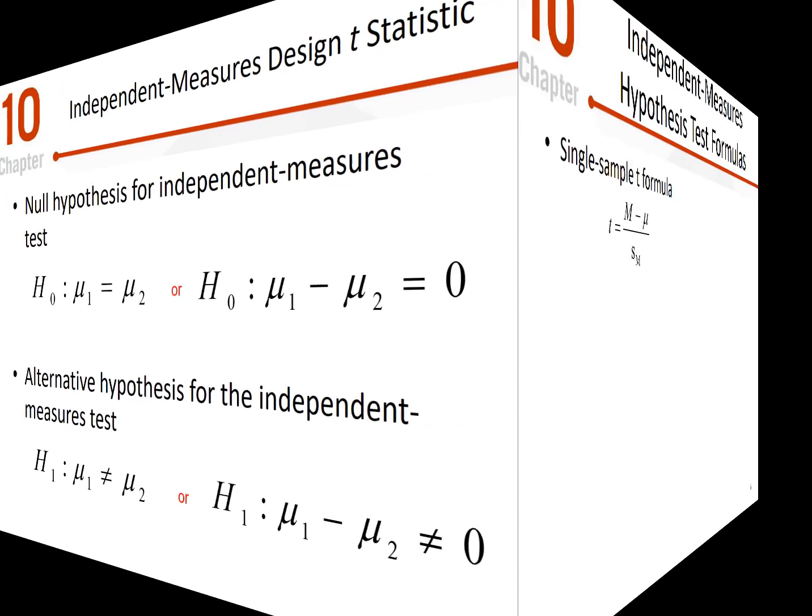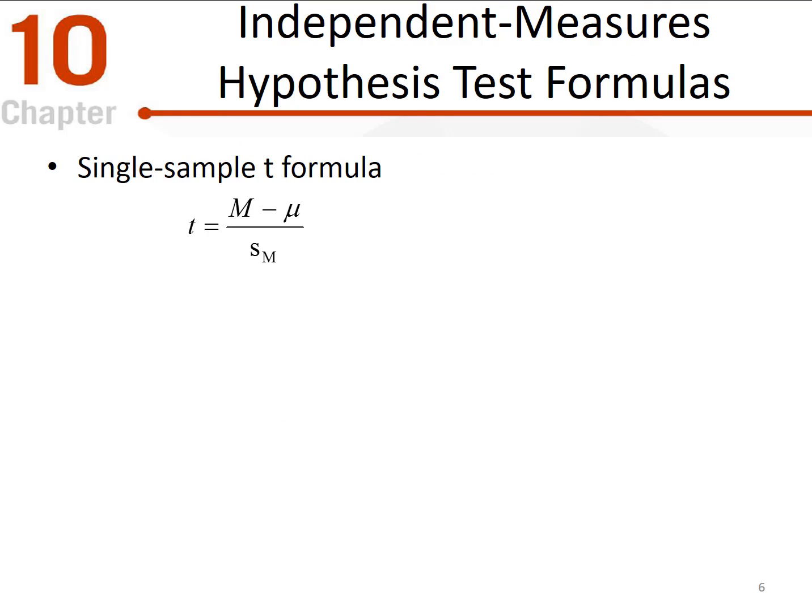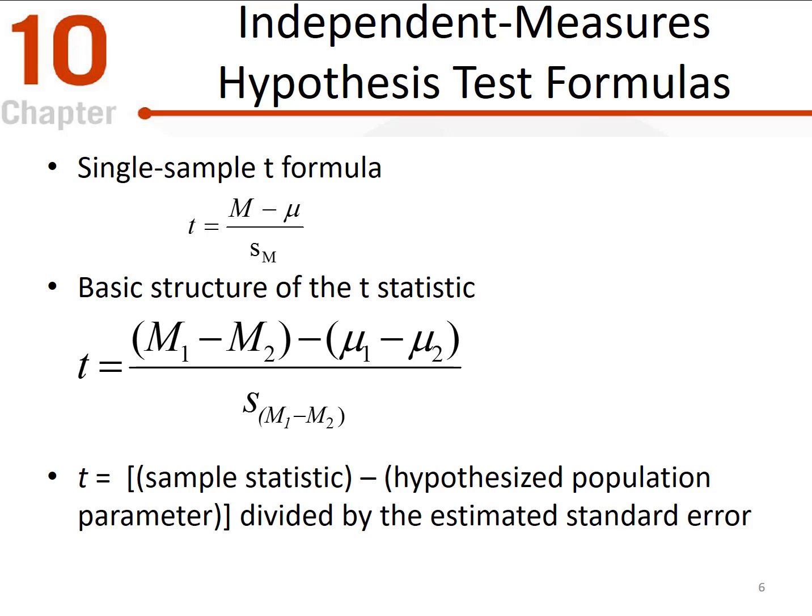The basic idea and calculations are very similar to what we have seen for the single sample t-test last week. So remember, this is the formula we had for the t-test. The sample mean minus the population mean over the estimated standard error. But now remember, we are dealing with two separate samples and two separate hypotheses about two different populations.